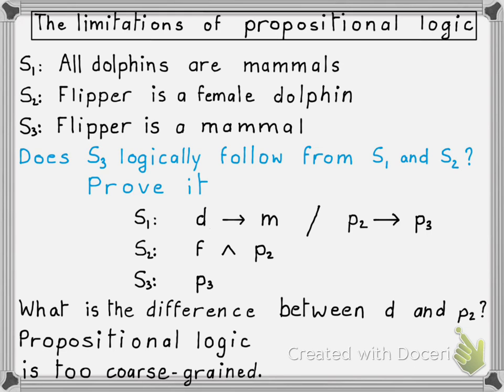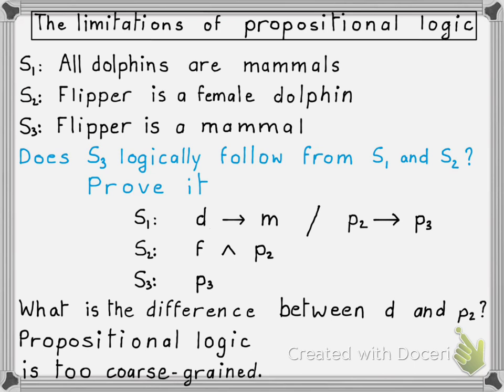Remember that D stands for the statement that something is a dolphin, whereas P2 stands for the statement Flipper is a dolphin. Those two propositions are different, and therefore they must be represented by different propositional variables in propositional logic.